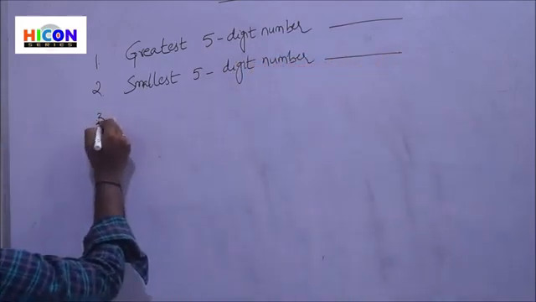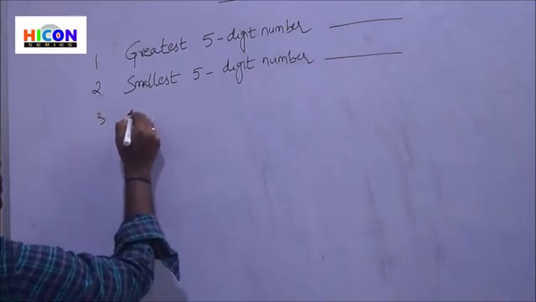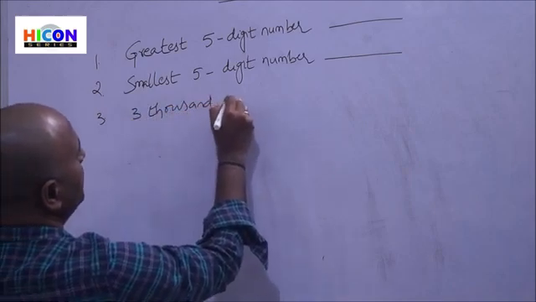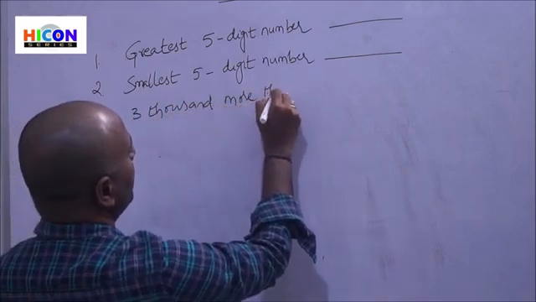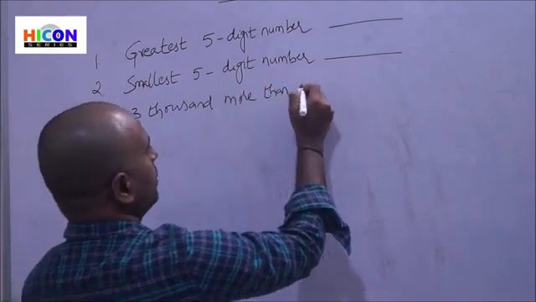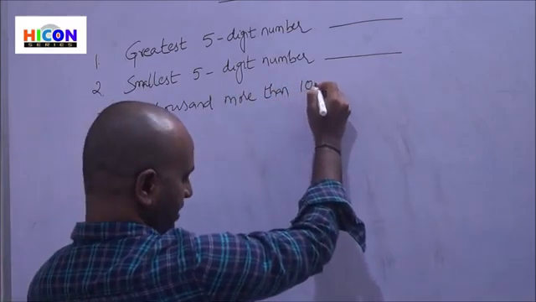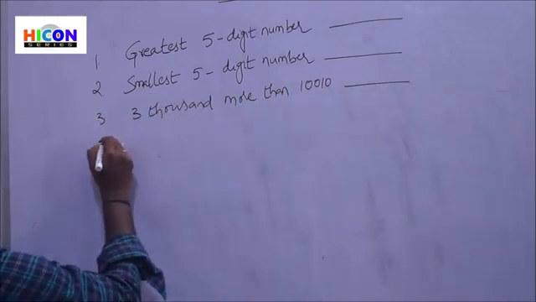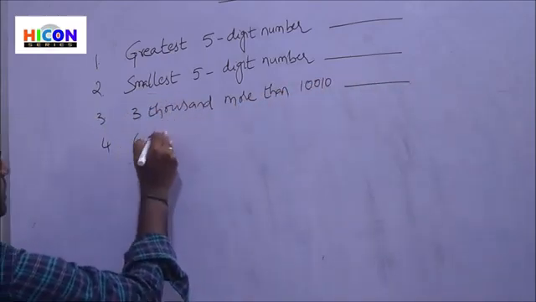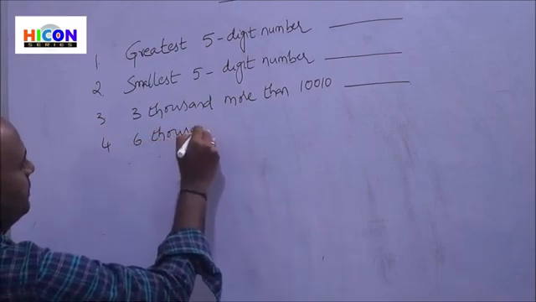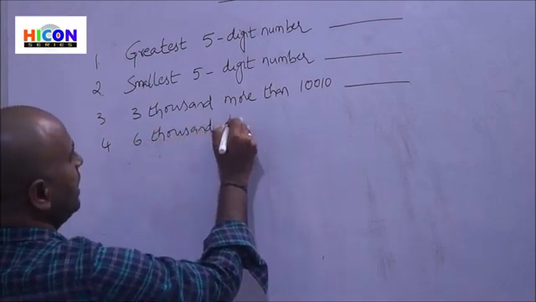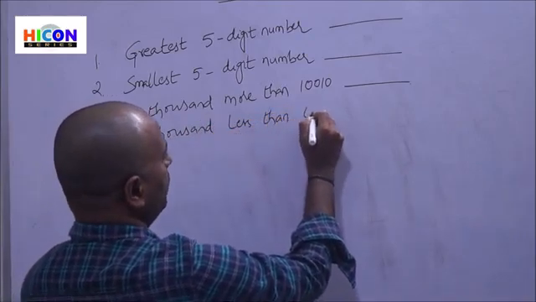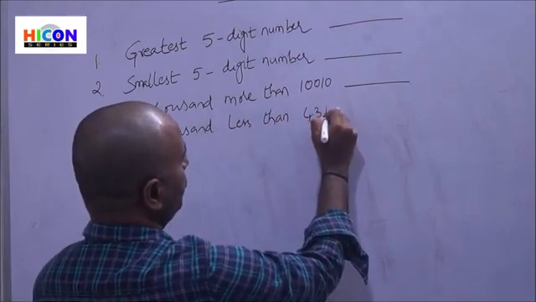The third is 3000 more than 10,010. The fourth is 6,000 less than 43,102.